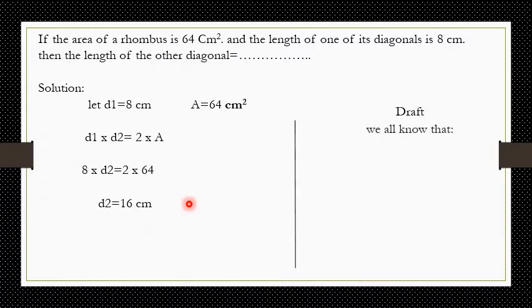Remark, we all know that area equals half by D1 by D2. I'll find the formula D1 by D2 equals 2 by A. From equations, A equals half by D1 by D2.